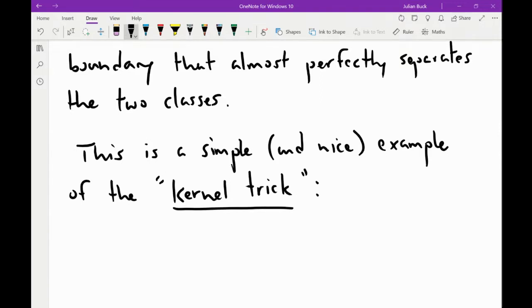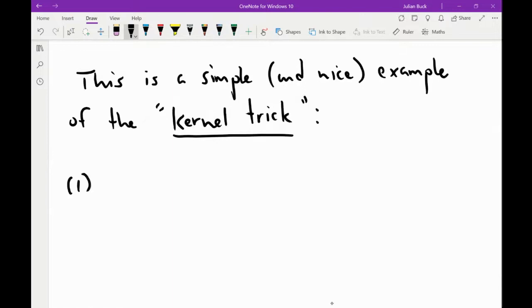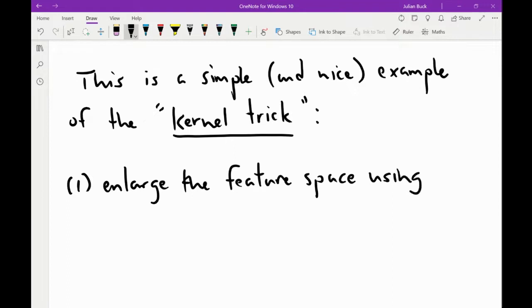So what's the kernel trick? We enlarge the feature space using what are called basis functions. I'm not going to completely explain the idea here. But the basic idea is, in the previous example, we identified visually that we have a circle, and we know that the equation of a circle involves the sums of the squares of the two variables.